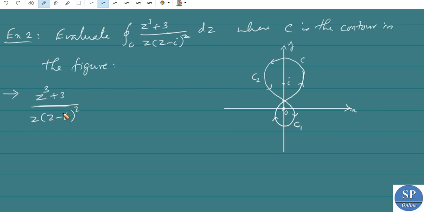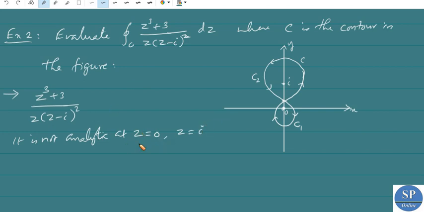Clearly it is not analytic at the points z equal to 0 and z equal to i.